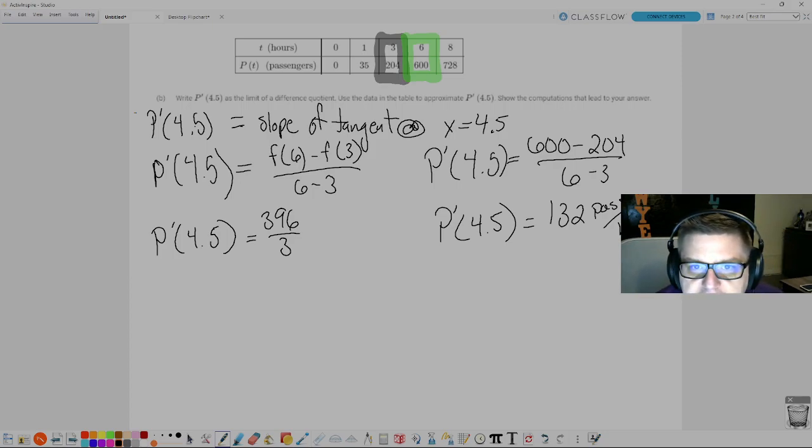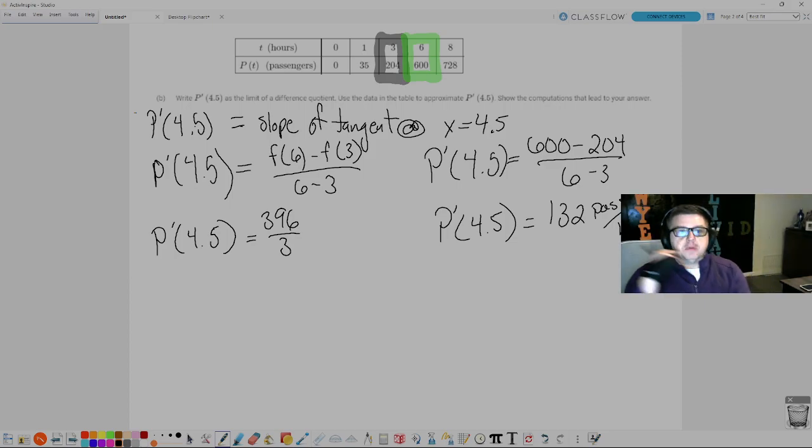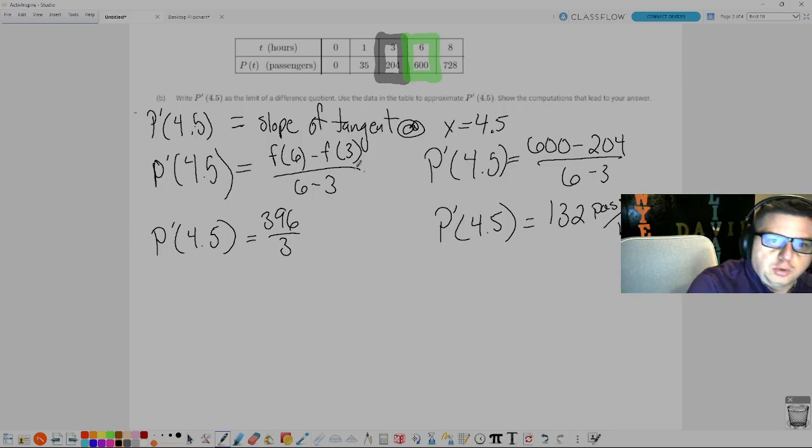So write p prime of 4.5 as a limit of the difference quotient, use the data in the table to approximate p prime at 4.5, and show the computations that lead to your answer. The difference quotient is doing what we are doing here.